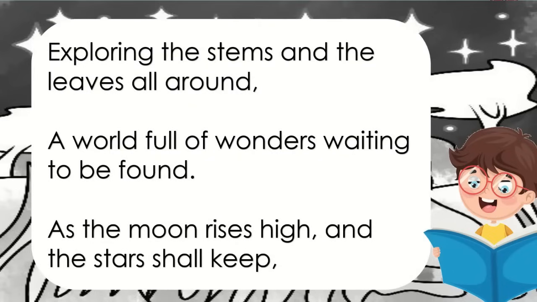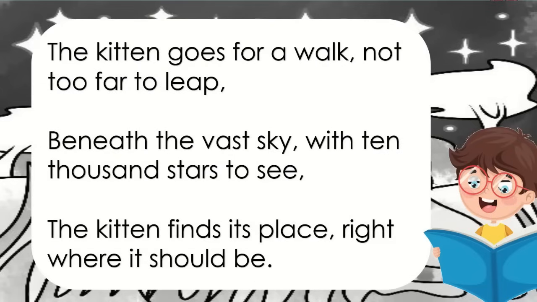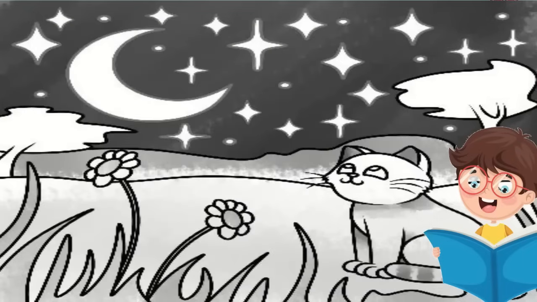Exploring the stems and the leaves all around, a world full of wonders waiting to be found, as the moon rises high and the stars shall keep. The kitten goes for a walk not too far to leap, beneath the vast sky with 10,000 stars to see. The kitten finds its place right where it should be.